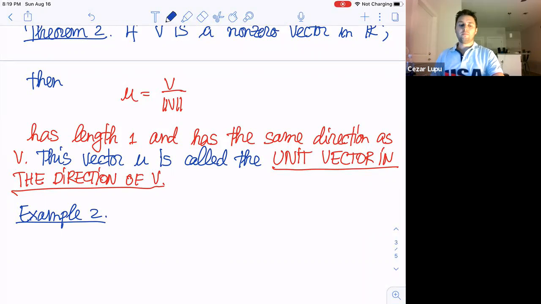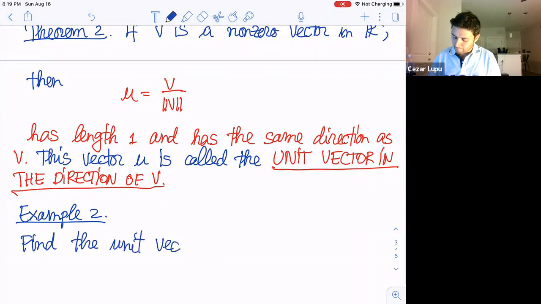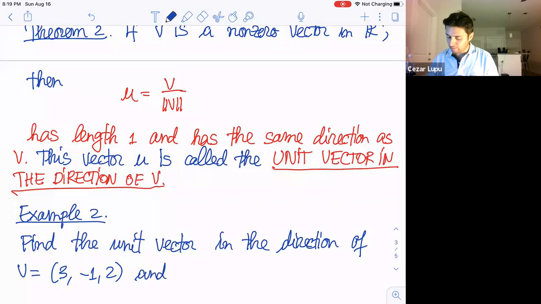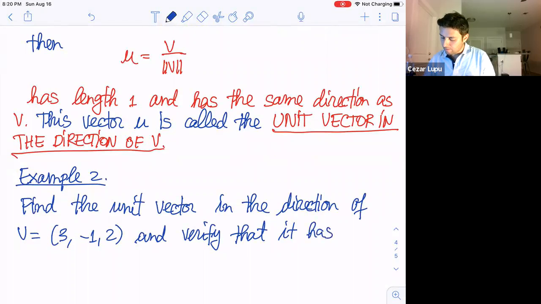In this example, we want to find the unit vector in the direction of, let's say, vector v, and let's pick one in R3, (3, -1, 2), and verify that this vector has length 1.